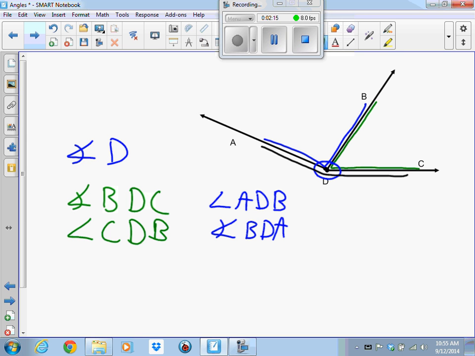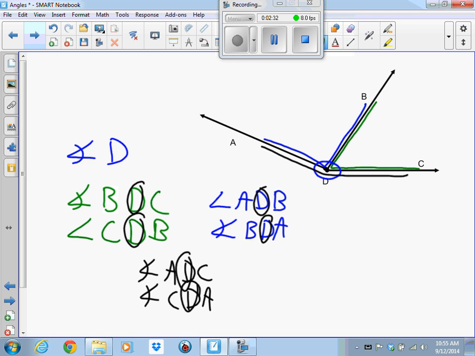When we're talking about the black, we have ADC, CDA, and those are angles. Notice in this case, D is our vertex. We have the D in the middle, but we can't just call that angle D because there are a lot of other angles in there: the green, the blue, and the black.